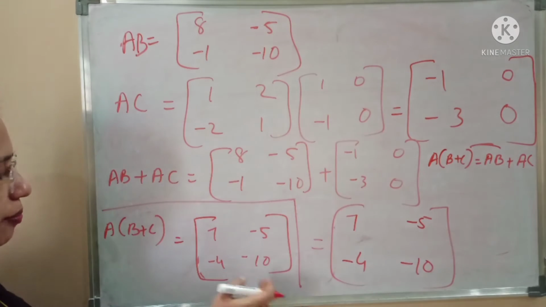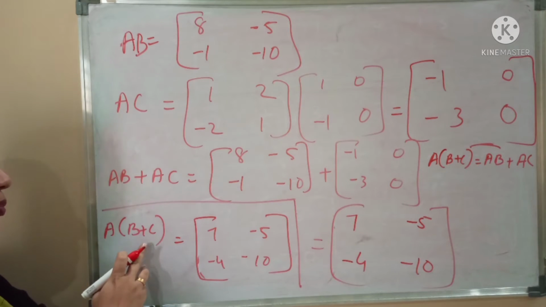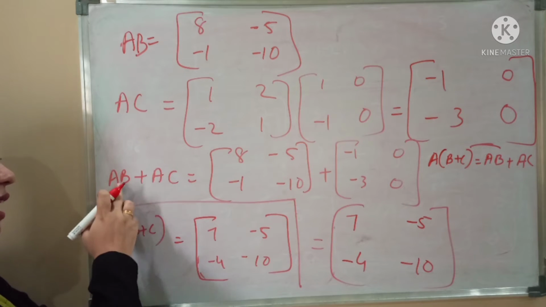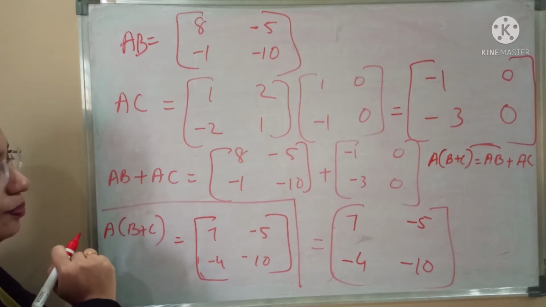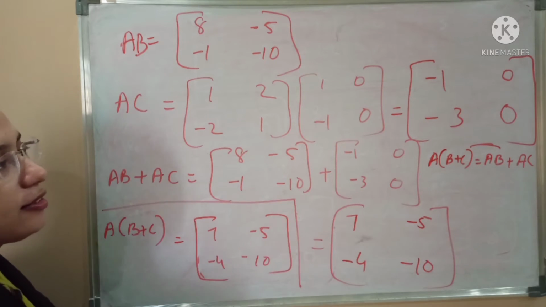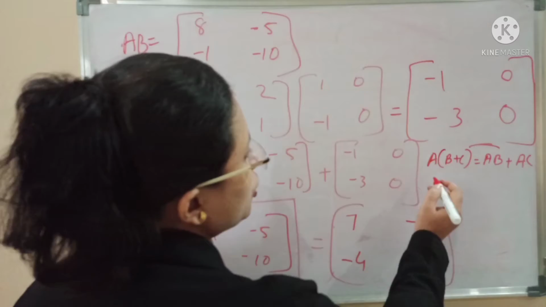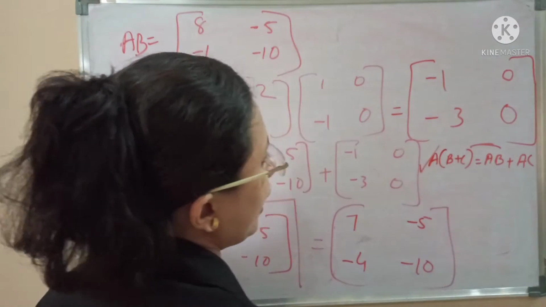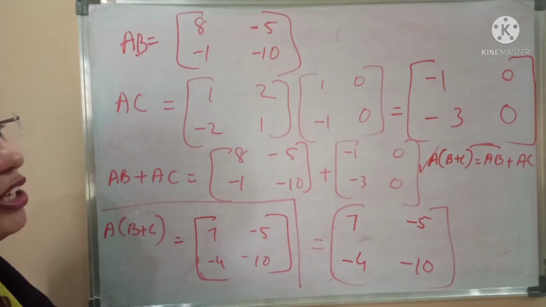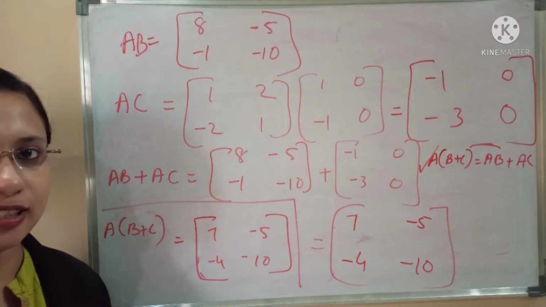Okay, so just compare A into B plus C with AB plus AC. So both are same. So the condition is true and we have verified the second condition as well.